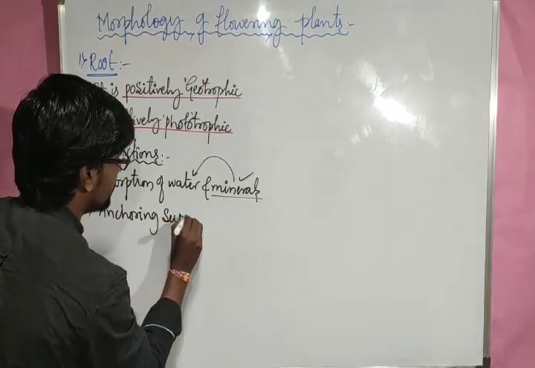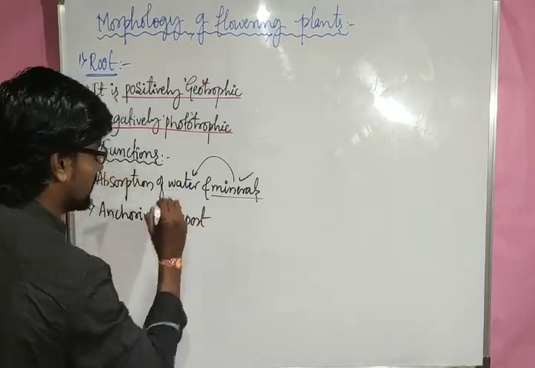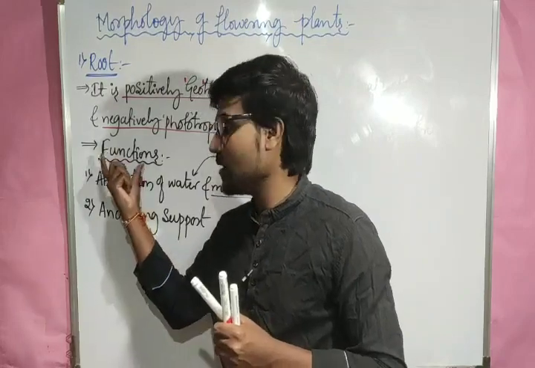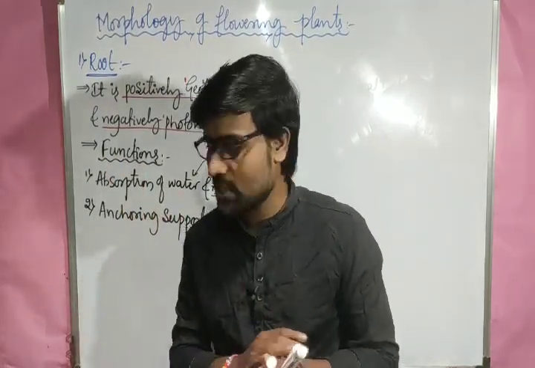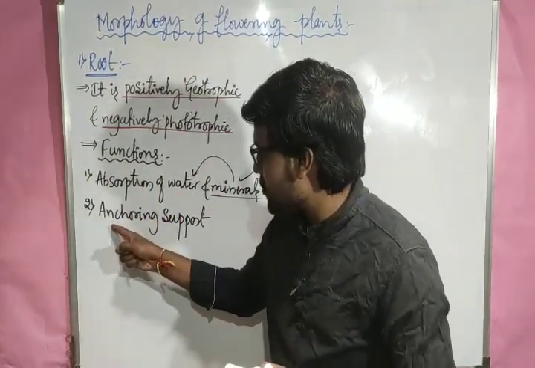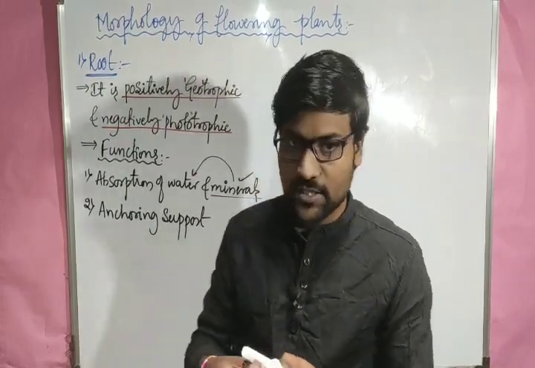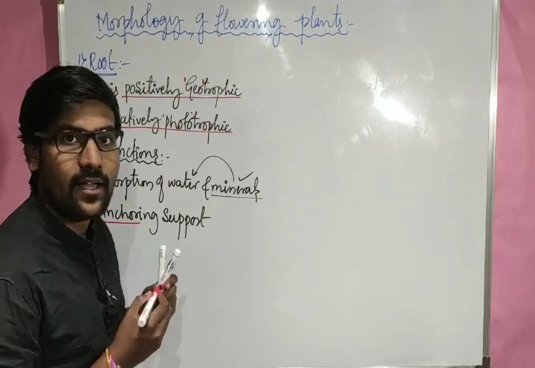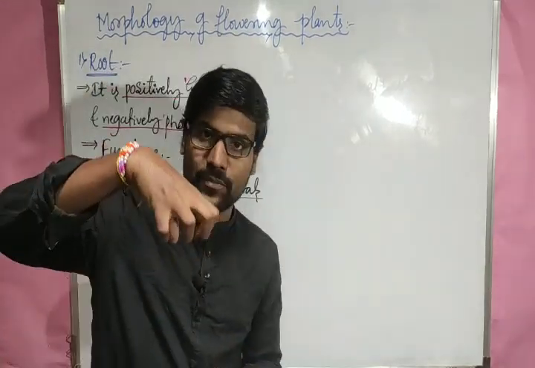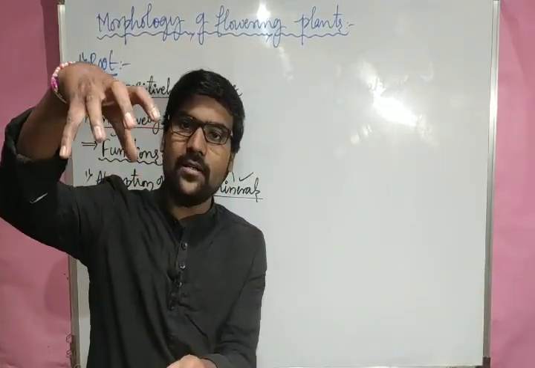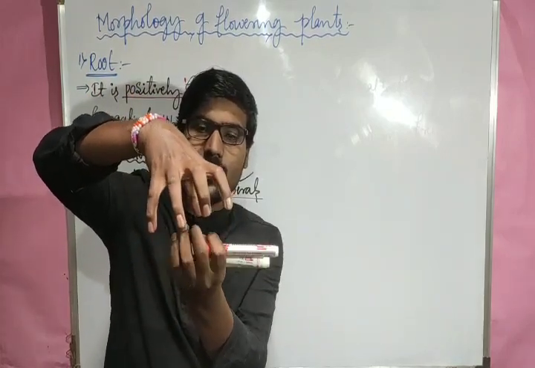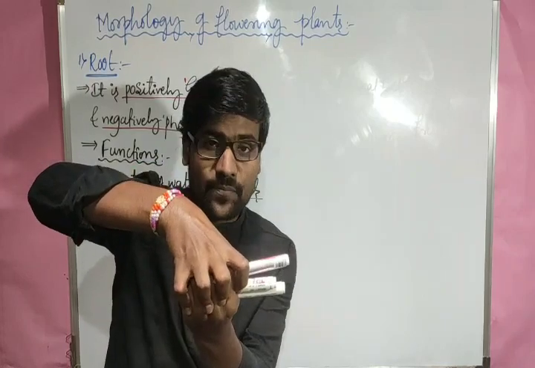And a second major thing is, the root helps in giving anchoring support. So this is the second major function of the root. I think you might have heard this term, anchor. Anchoring means holding firmly, just like, for example, holding like this firmly, or having a grip on something.